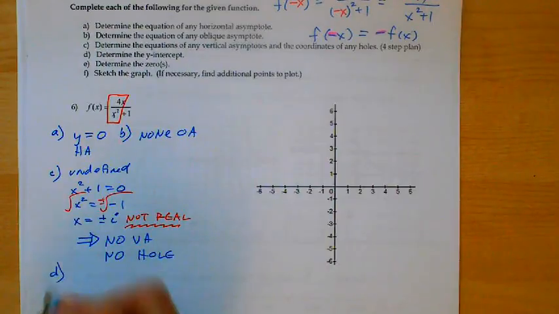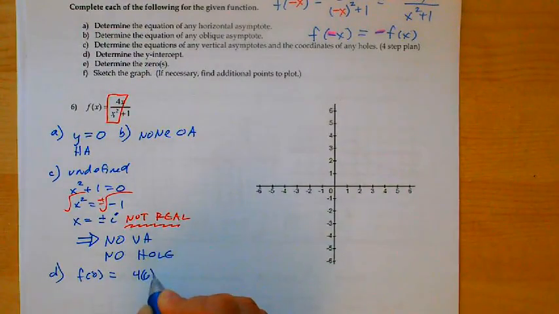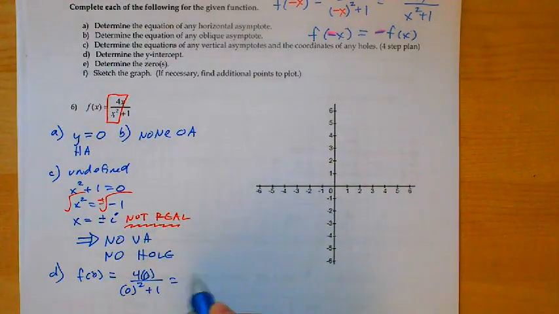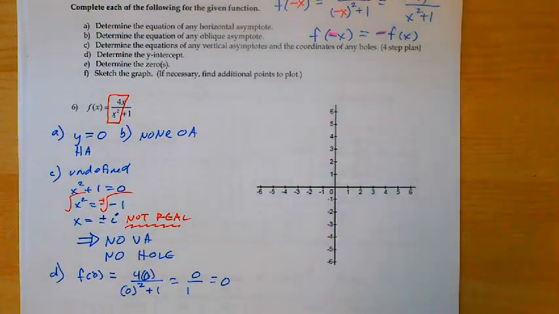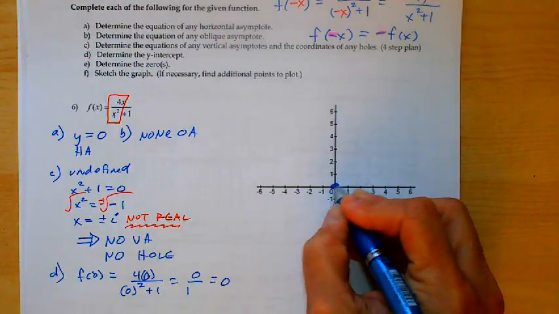All right, y-intercept. Easy peasy, everybody. We got that. Substitute the 0 where the x goes, okay? And we get, oh gosh, 4 times 0 is 0 over 1, which is 0. So we finally get something on our graph.